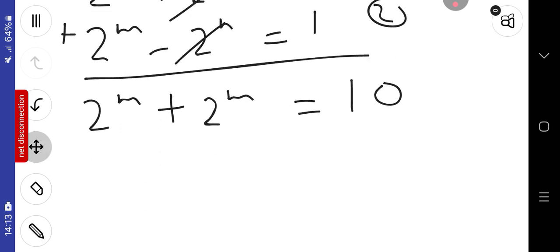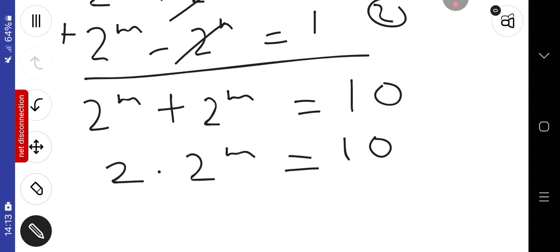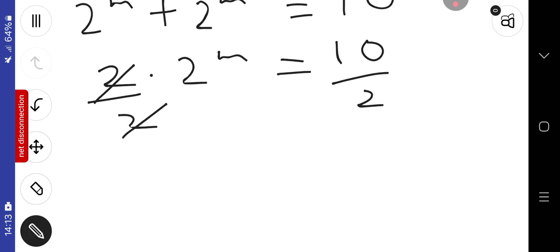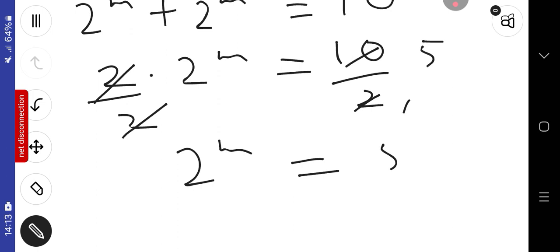So 2 times 2 exponent m is equal to 10. We divide by 2 on both sides, so 2 exponent m is equal to 5.